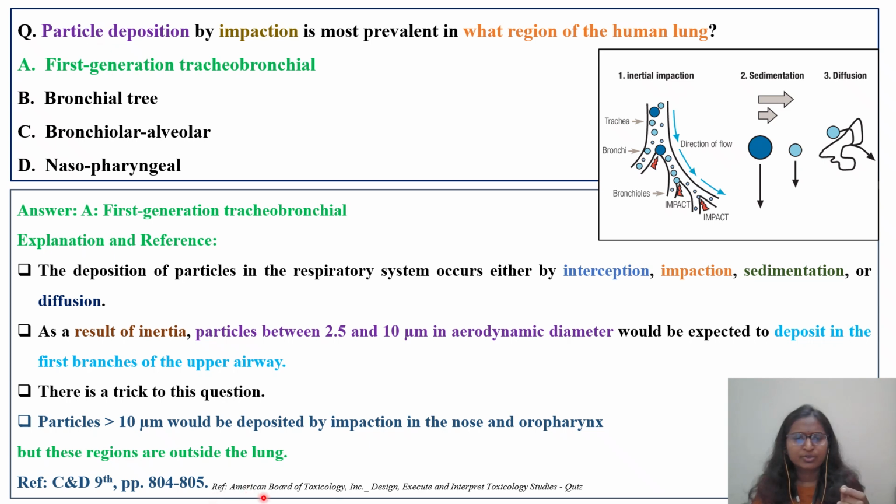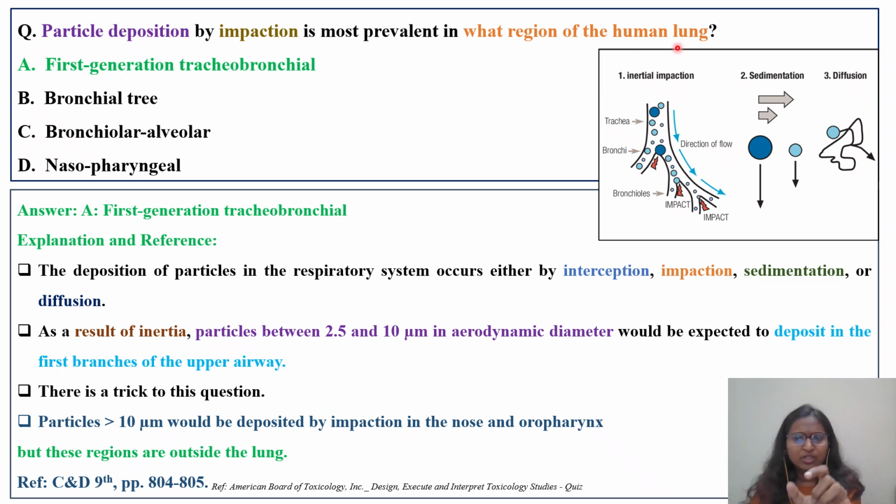As usual, this question is taken from the American Board of Toxicology Design, Execute and Interpret Toxicology Study quiz from the DABT site, which is no longer there on the ABT website. Particle deposition by impaction is most prevalent in what region of the human lung?